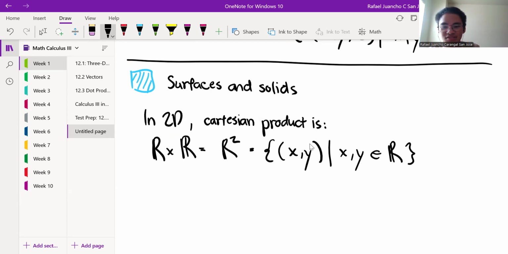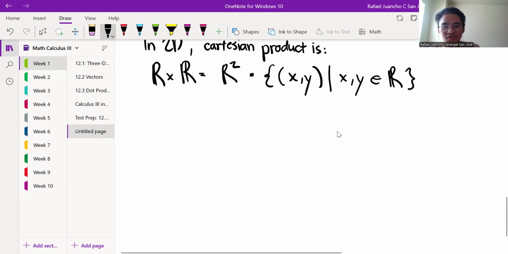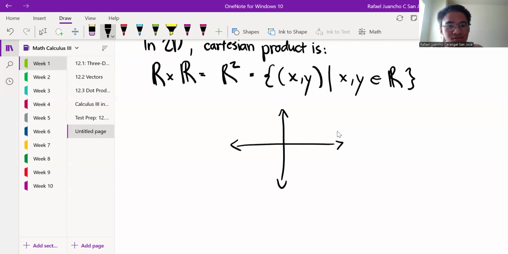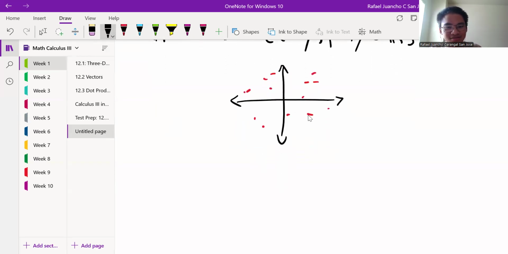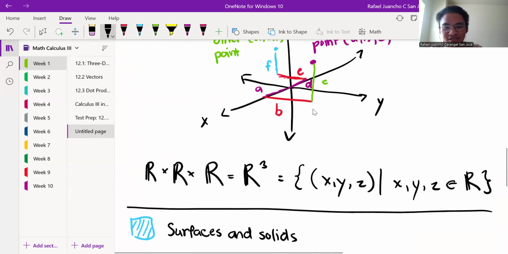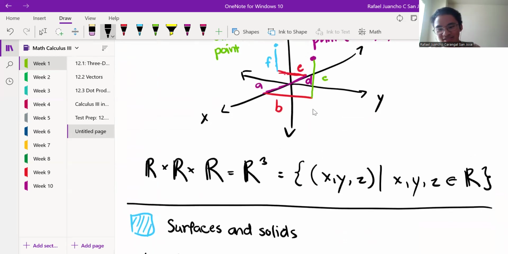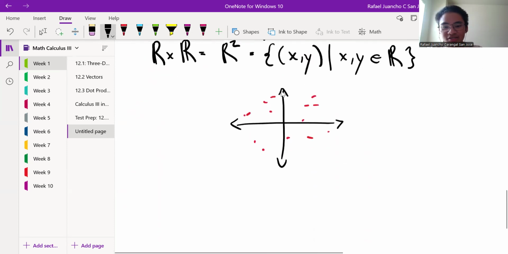So these are the set of points that we can get in a Cartesian plane. Yeah, we call this a Cartesian plane in 2D geometry. It's just the set of points you can get. And then in 3D, I already said it. In 3D, it's the set of all points, I mean all ordered triples, all points you can get in space.